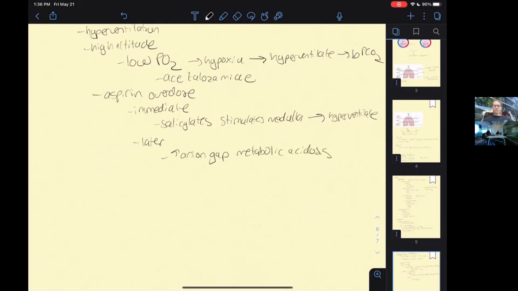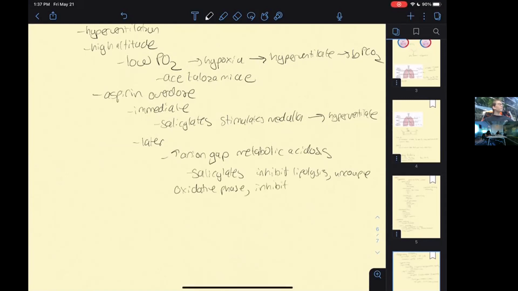So I'm not going to go too much into detail about what an anion gap is, but the reason it causes it is that salicylates, the same metabolite, can also inhibit lipolysis, and it uncouples the oxidative phase as well, and it inhibits the citric acid cycle.